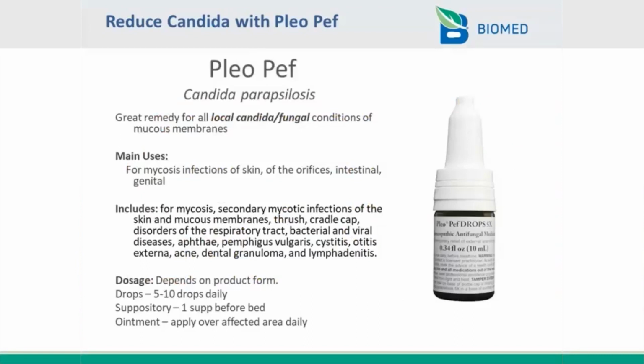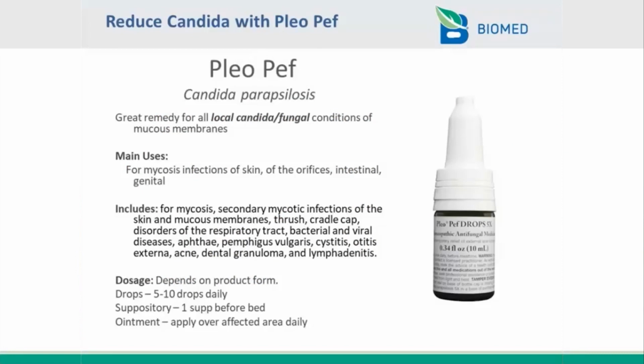So the main Candida parapsilosis remedy is Pleopef. Those of you that utilize the Sanum remedies and are familiar with the biological remedies, PEF is definitely one that you should have in your repertoire when you're dealing with any kind of fungal, yeast picture. PEF is quite a unique Candida remedy because we're looking more at mycosis infection of the skin, the more superficial orifices of the body.